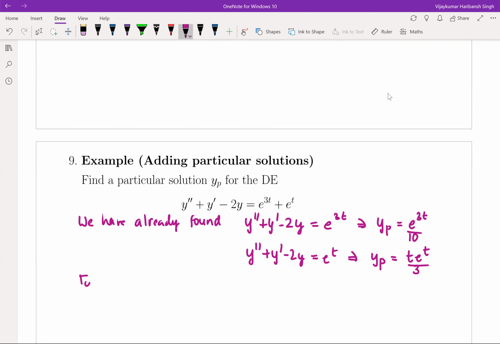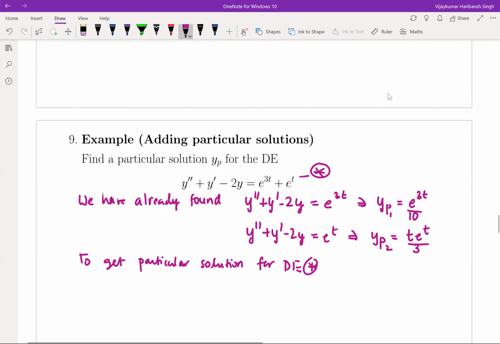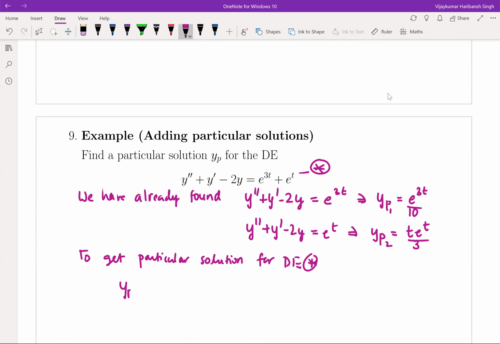Then now to get the particular solution for this, let's call this star. Let me call these yp1, yp2. You get yp equals yp1 plus yp2. And what do you get?